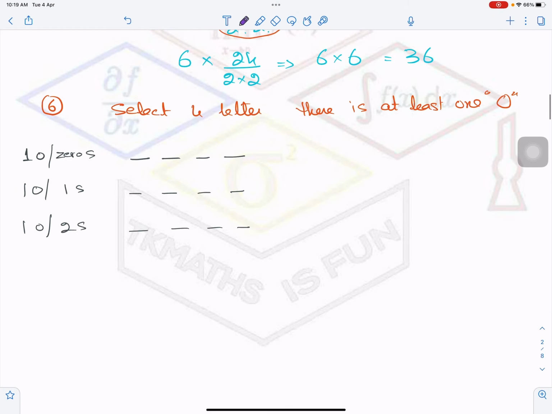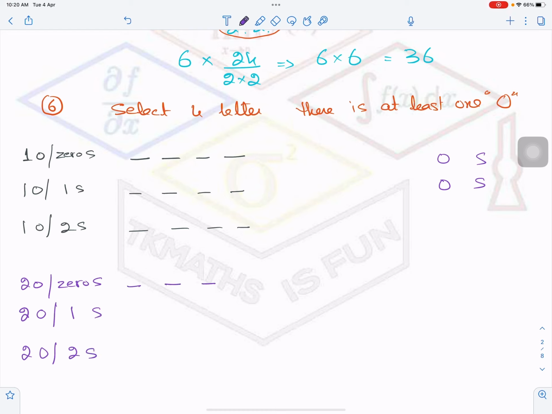Can you think? Because there are 2 O and 2 S, the other cases are 2 O with 0 S, sorry, let's take 2 O with 1 S, and 2 O with 2 S. All these cases we have to consider, and their results will be added up.